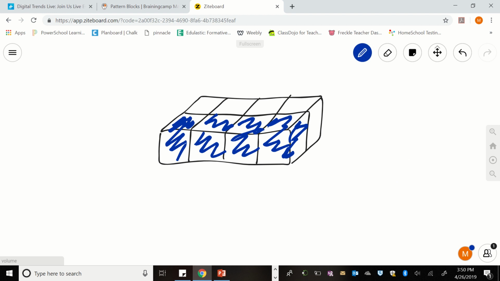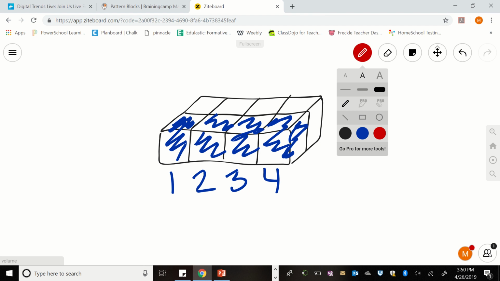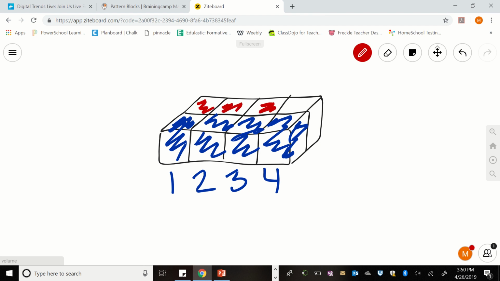If you see on the screen, we have a couple of cubes put together. In the front row, we have 1, 2, 3, 4 blue cubes, and in the back we see 1, 2, 3, 4 red cubes.